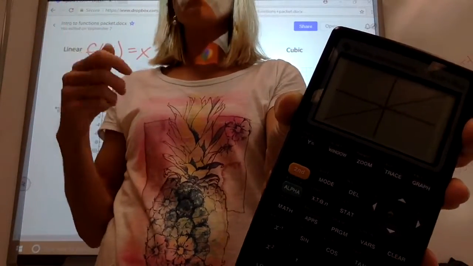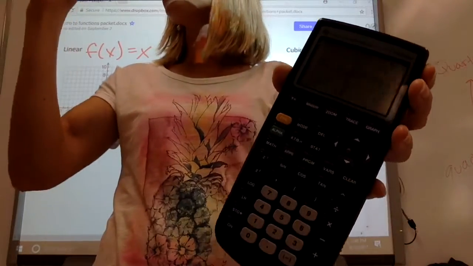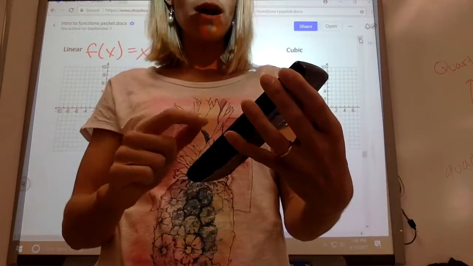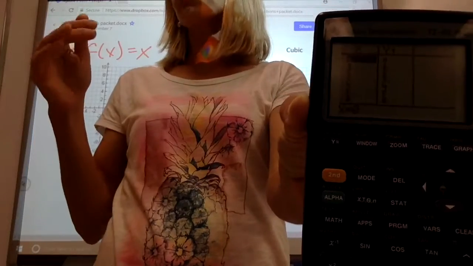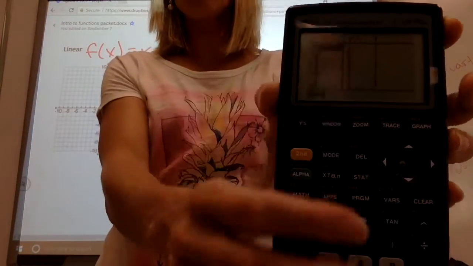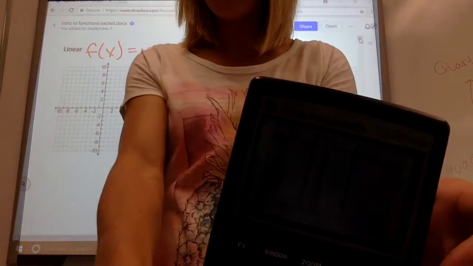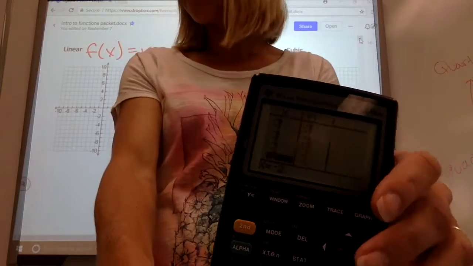So how do we graph that? We don't just sketch the picture of it. We want points. So you go second graph, the yellow button, second graph, and you'll get this table of points. These are the points that are on your graph, and you can use your arrow keys to scroll up, scroll down, and find points.